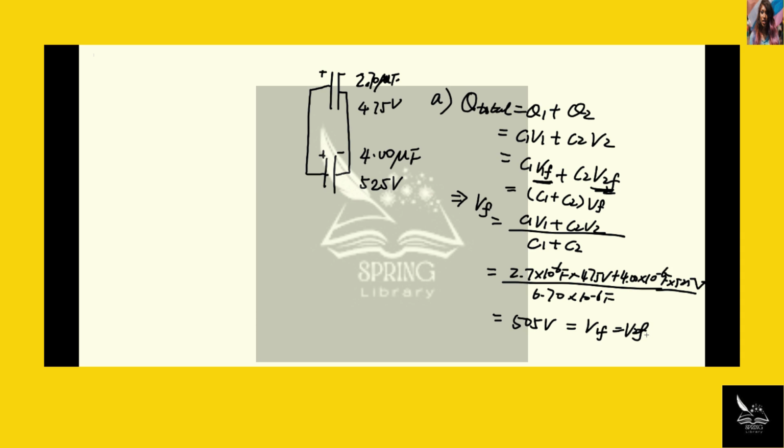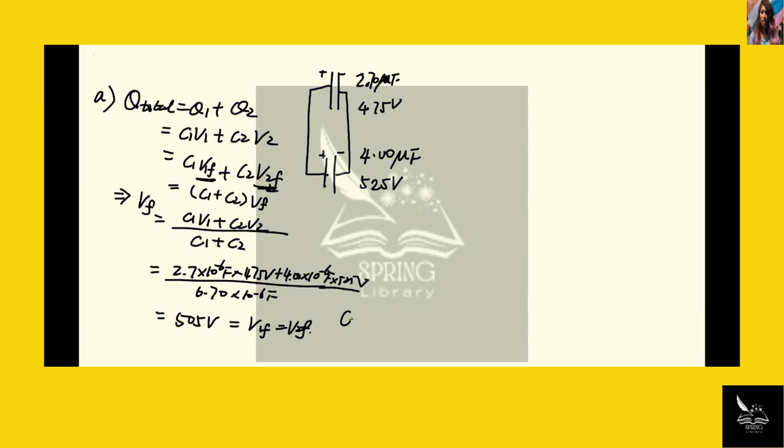And after we find that, we are able to find Q1 and Q2 afterwards, because Q1 final equals C1 times V1 final, and Q2 final equals C2 times V2 final.